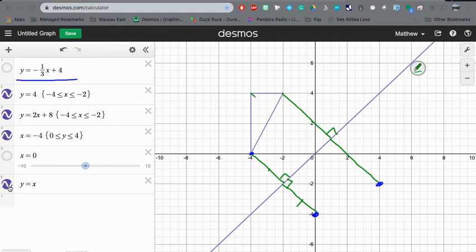Last one. 1, 2, 3, 4, 5, 6, 7, 8 to get to your point. So then there would be your triangle reflected over the line y equals x, the diagonal line. If you would fold it over on that purple line, those two triangles would match up perfectly.